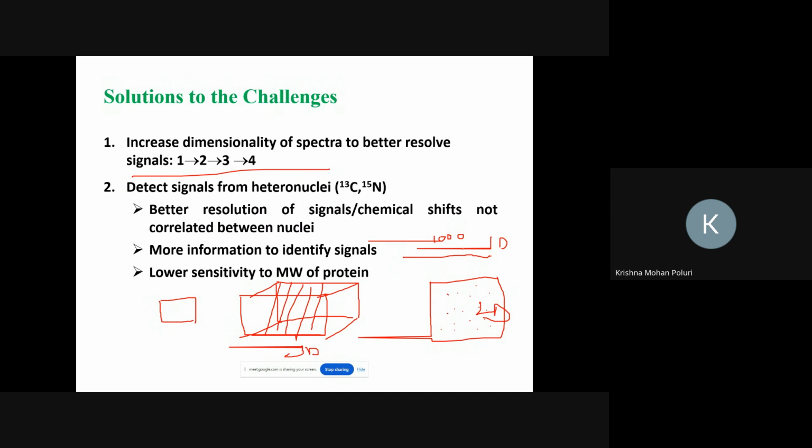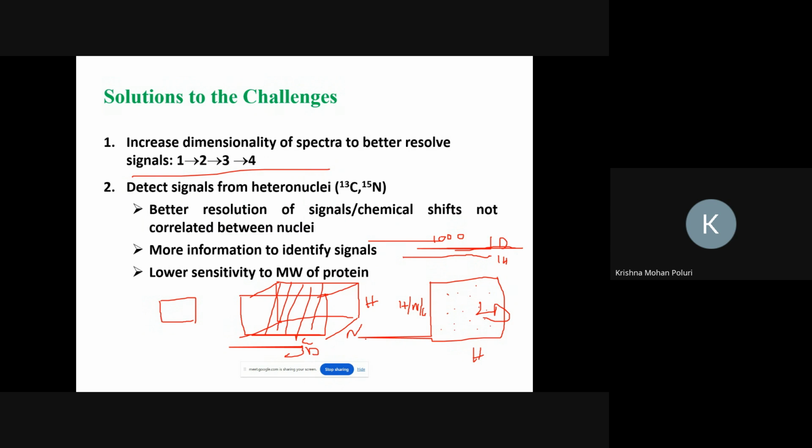The other advantage is, if you take one dimension, you always have hydrogen. If you take two dimensions, you have hydrogen on one dimension. Since I said you always need to have one sensitive nucleus, the other dimension can be hydrogen, nitrogen, carbon, anything. Suppose you have three dimensions: you have hydrogen in one dimension, in the second dimension you can have nitrogen, and in the third dimension you can have carbon.